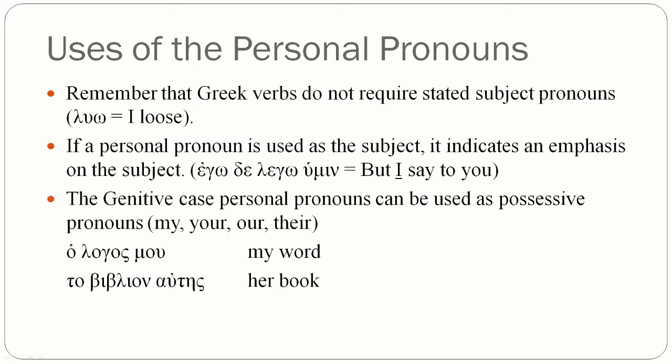All right, and that goes for any of the others too. If you have a second person verb, legeis is the second person form of that. If you have su with the legeis, that is emphasizing you say.